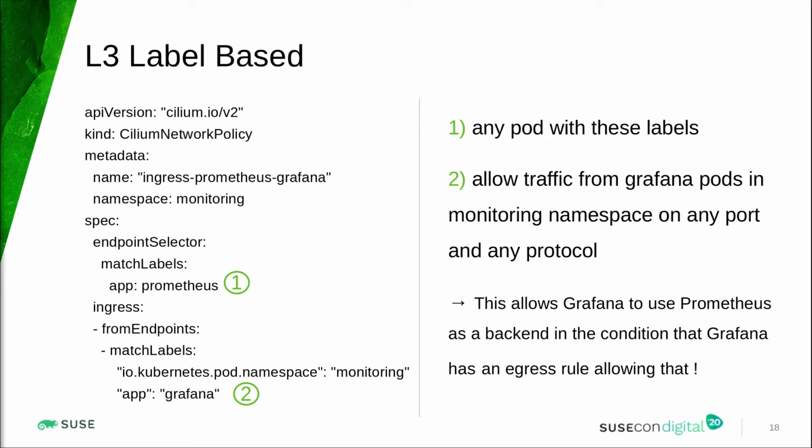Here we can see that we will allow the traffic from the pod with the label app equals Grafana in the namespace named monitoring. So basically here we allow Grafana to use Prometheus as a backend to read the metrics.